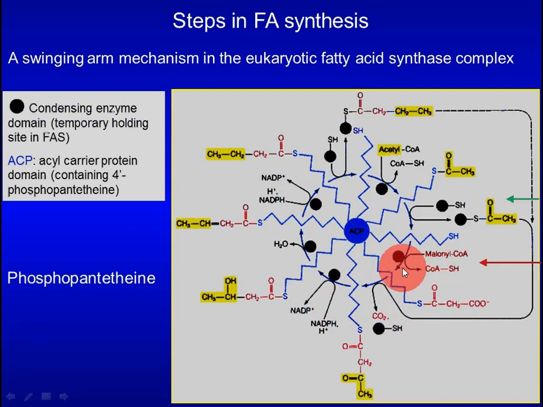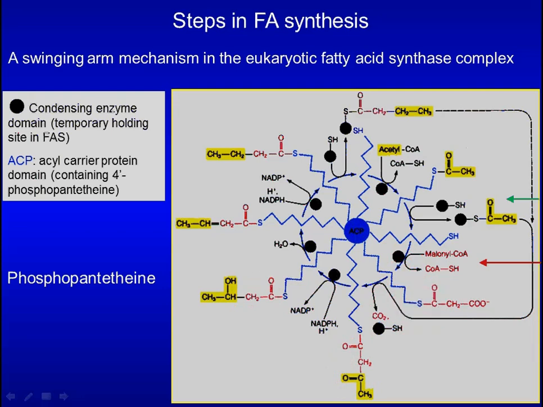It is on the pantetheine arm where the condensation reaction occurs. This reaction adds 2 carbon units to the fatty acid chain. The pantetheine arm is very reminiscent of the A site in the ribosome.